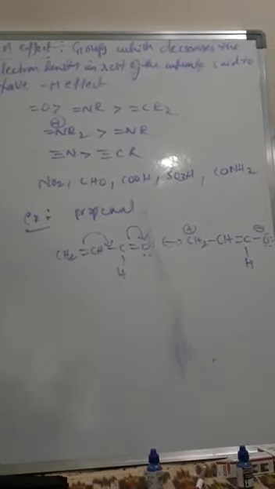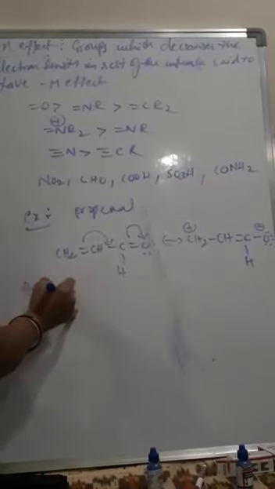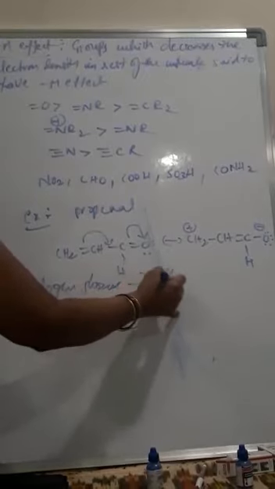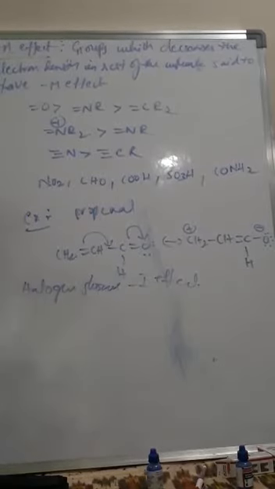And also compounds, for example, if you take halogens. Halogens generally show negative inductive effect, minus I effect. But all the halogens have lone pairs of electrons. So due to the presence of lone pairs of electrons, they show positive mesomeric effect, as just now told in vinyl chloride.